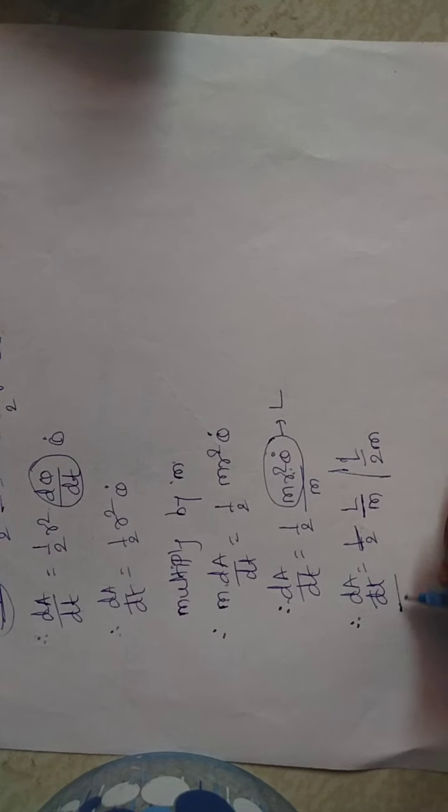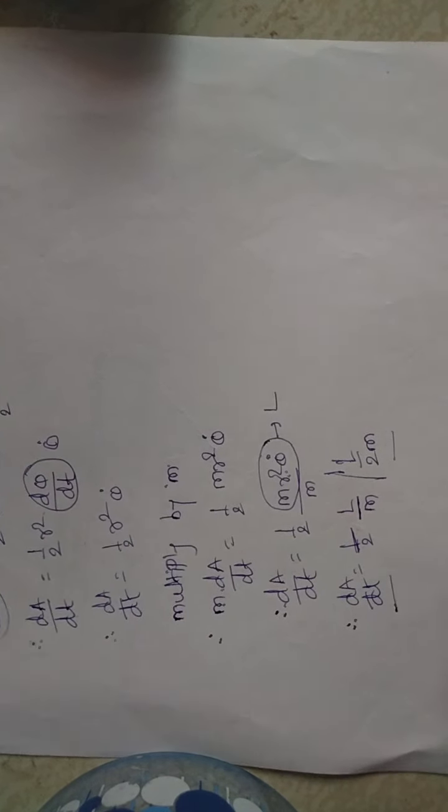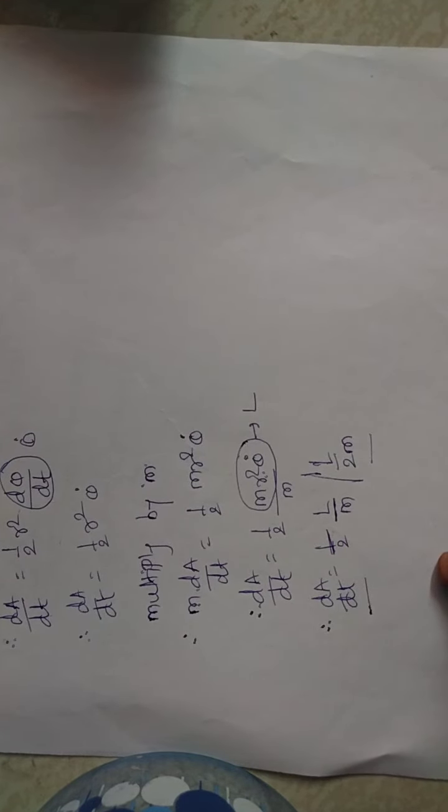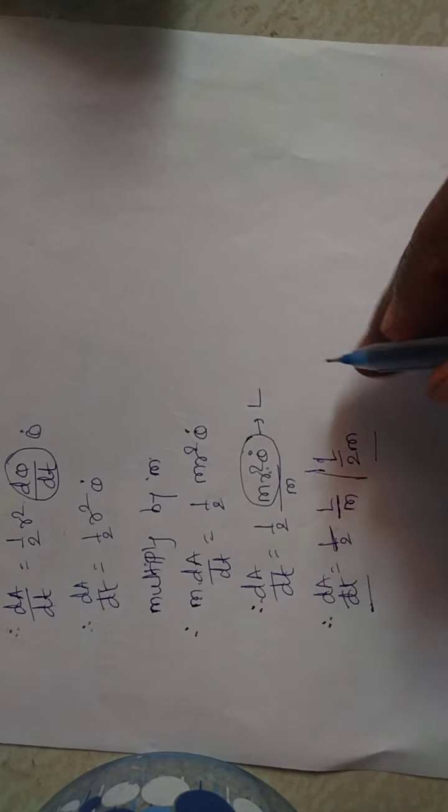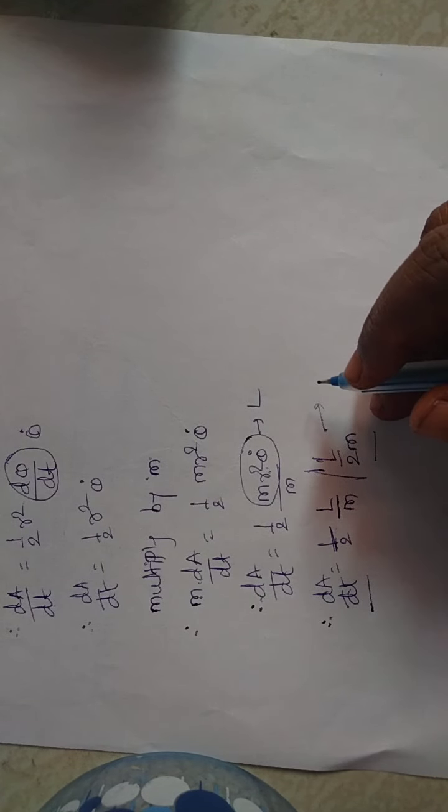So this area with respect to time dt is L upon 2m, and this angular momentum is constant.